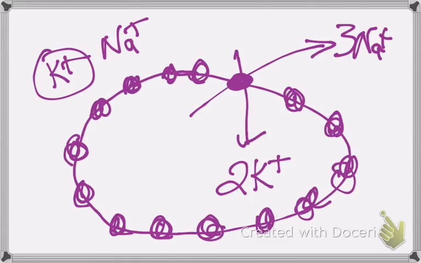And the more of them you have, the more sodium you can kick out, and the more potassium you can bring in, and the more difference you can have between the concentration on the outside and the concentration on the inside. And the greater that difference, the greater the electrical charge, the more millivolts. Okay? So does everybody link the millivolt charge on the membrane with the number of sodium-potassium pumps?